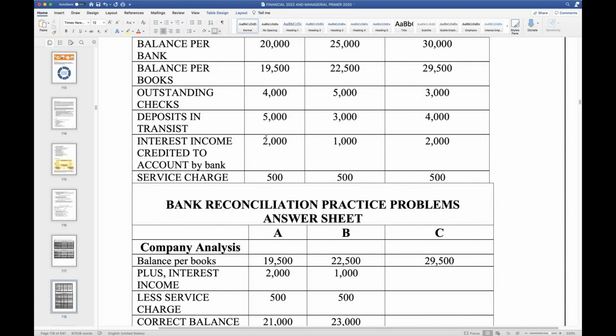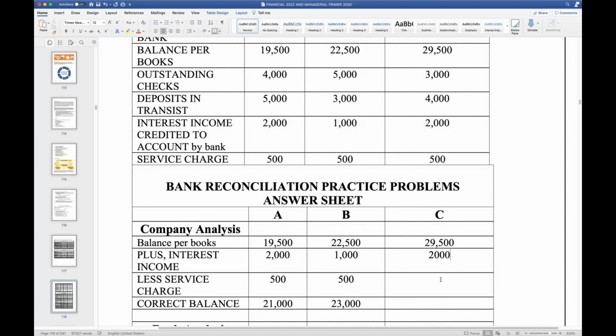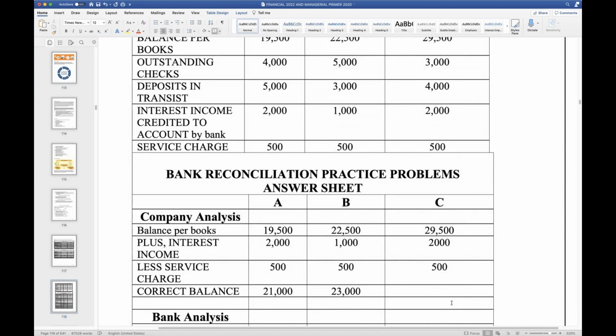And so we go first to what? Interest credited by the bank that we don't have. Then we look at expenses charged by the bank that we don't have. And so our correct balance based on this analysis would be what? 31,000. Any questions by anybody on how we got that 31,000? We're just doing a simple bank reconciliation.